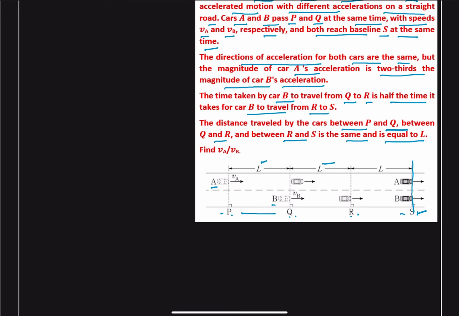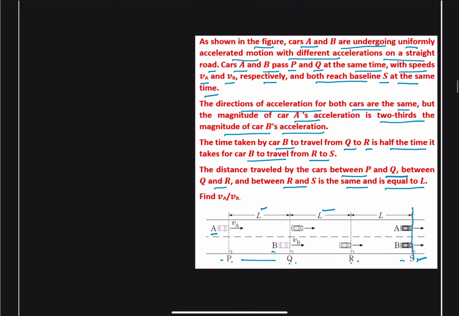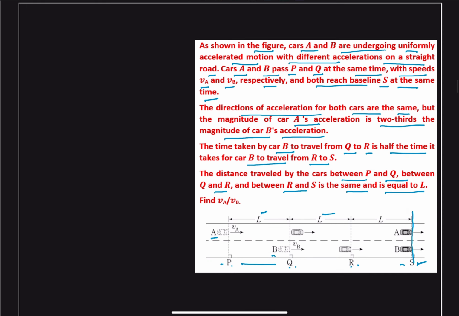The initial velocity of car A is given as VA, and for car B it is already given as VB.